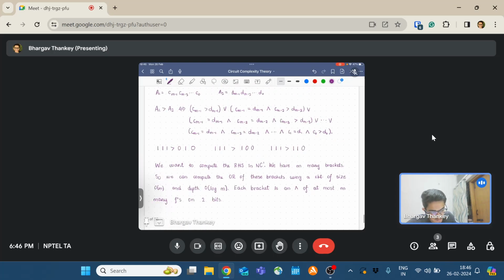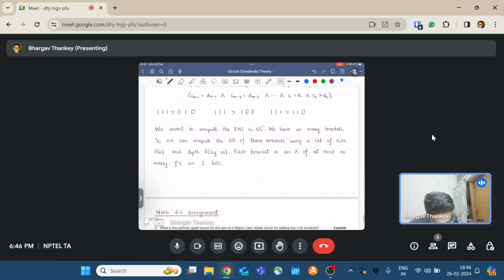Let's look at this AND, which is the largest. It's an AND of M many functions, each on two bits. These are the M many functions. Each of these functions can be computed by a constant size, constant depth circuit, right? So we don't need to worry about the functions. We just need to worry about computing that AND.